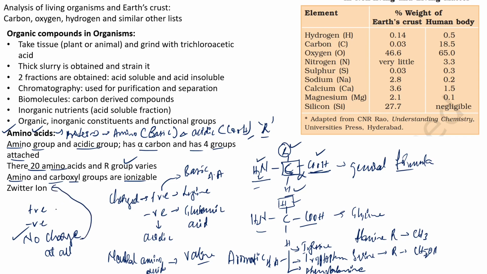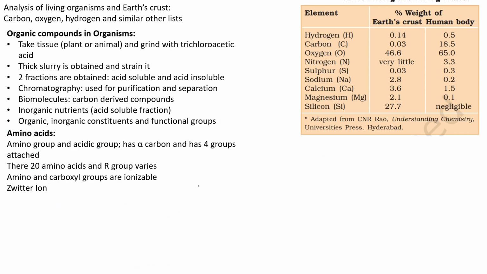So let me erase this and draw the three different charged forms of the amino acid. For example, we have this one, with the alpha carbon and R group, and we have hydrogen and the carboxyl group.